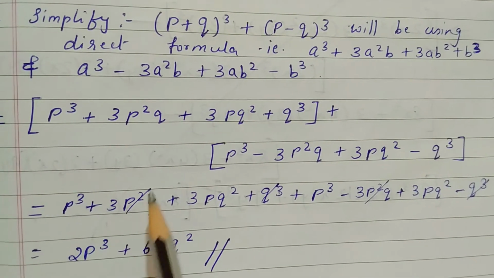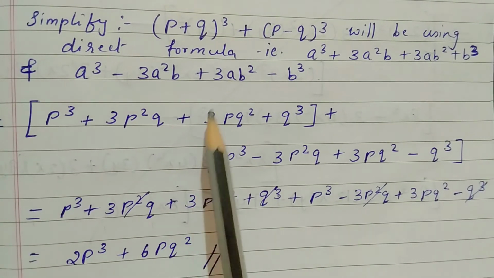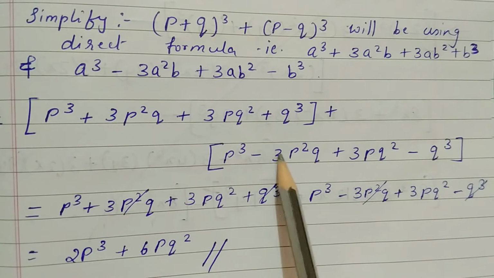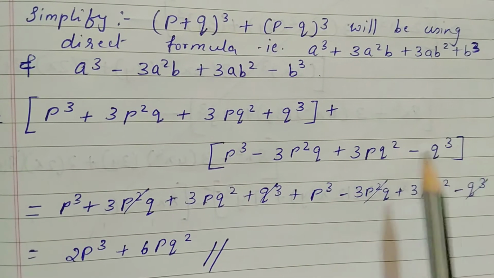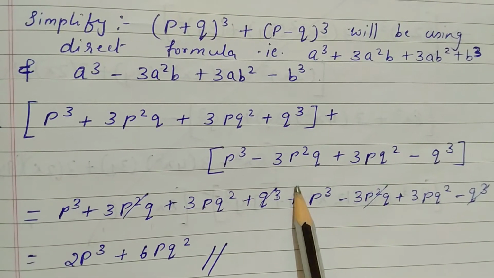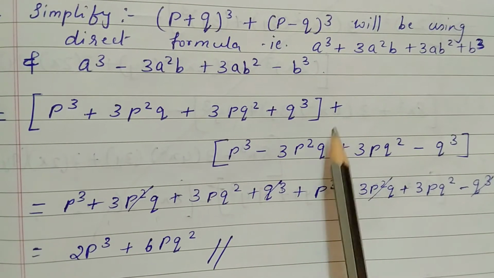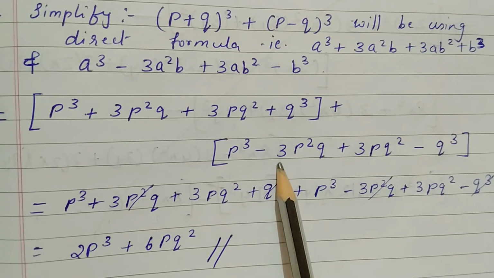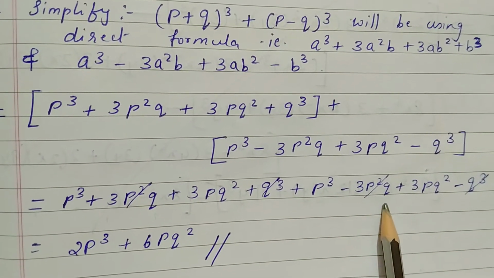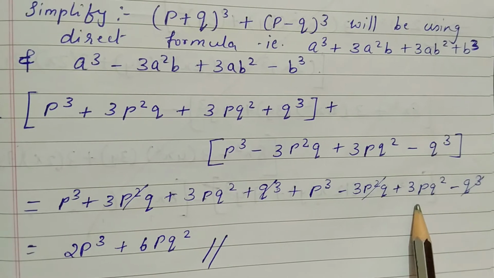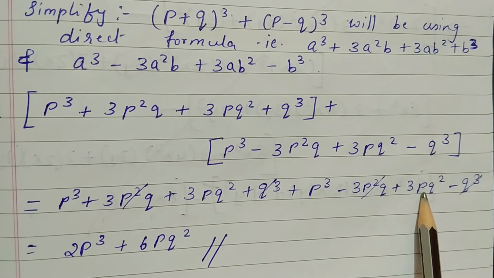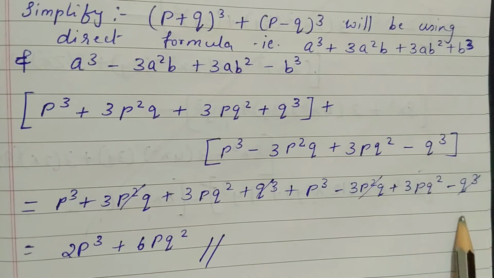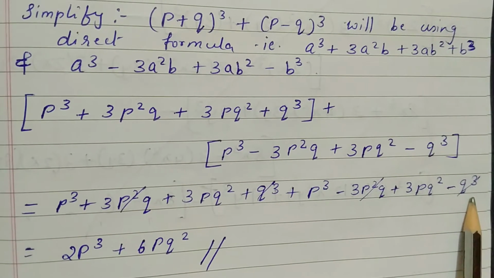P cube plus 3p square q plus 3pq square plus q cube plus, now the bracket is opening over here, so signs will be changing. The sign will change. So plus p cube, plus into minus is again minus, minus 3p square q, plus into plus is plus 3p q square, plus into minus is minus, so minus q cube.